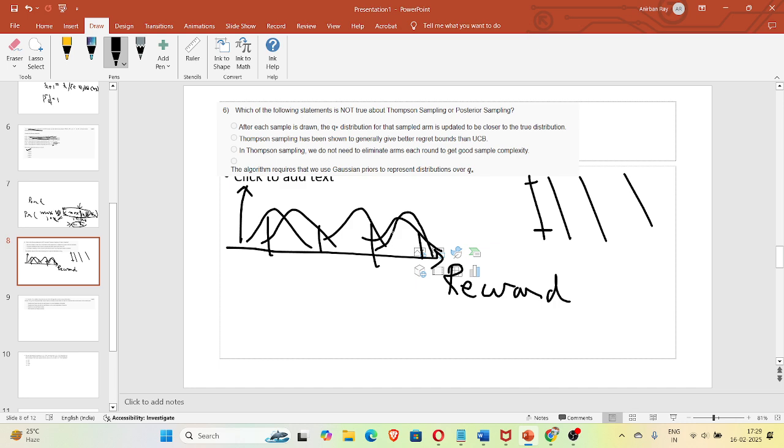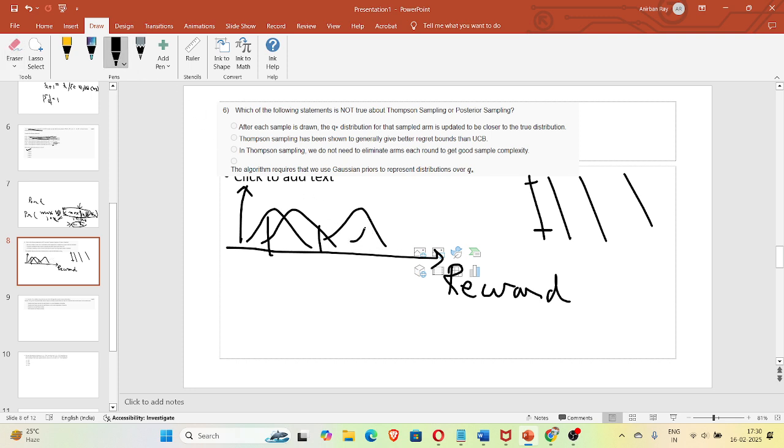If you narrow it down, the variance is reduced, and it is easier to estimate the value. Then the next sample we get, these are not overlapping. Let me make it a better illustration.